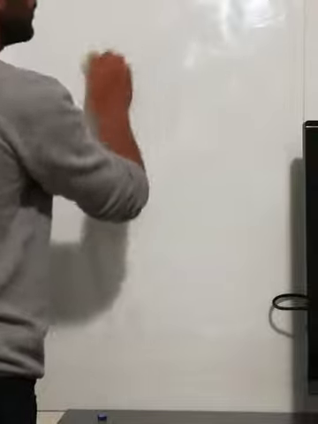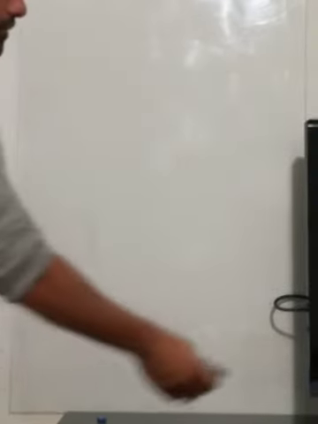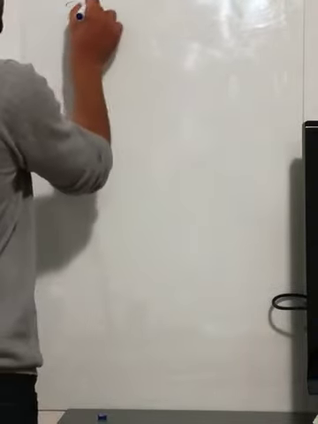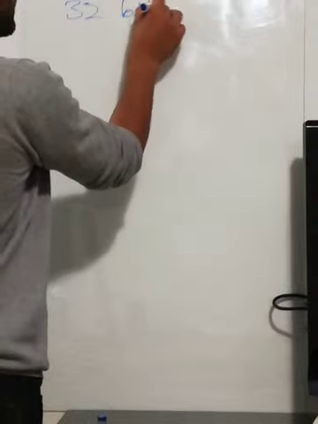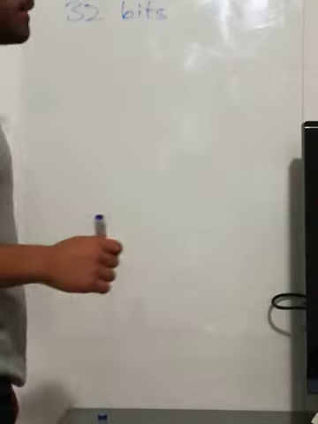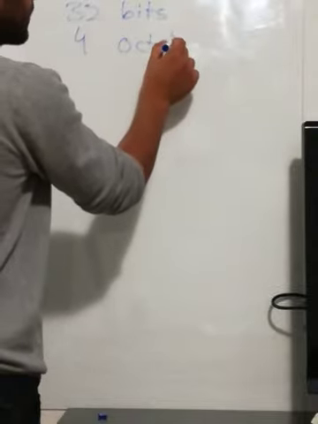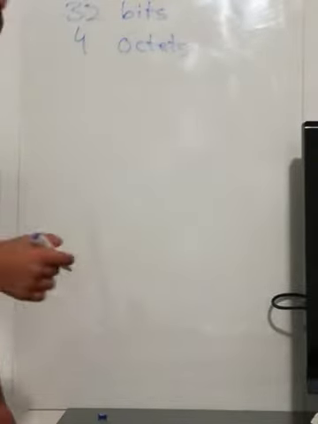Because an IP address is a 32 bits address that is split into 4 octets. What does it mean, 4 octets?